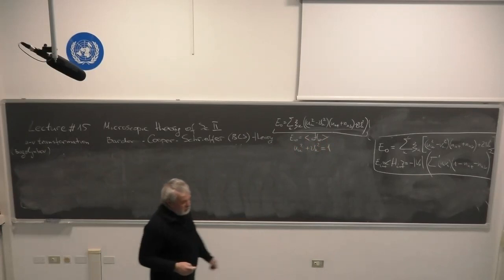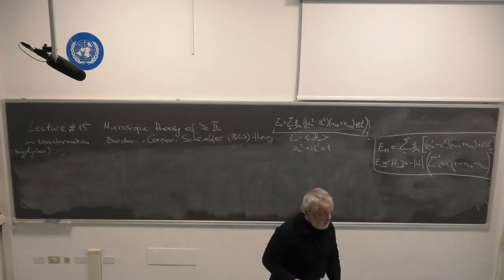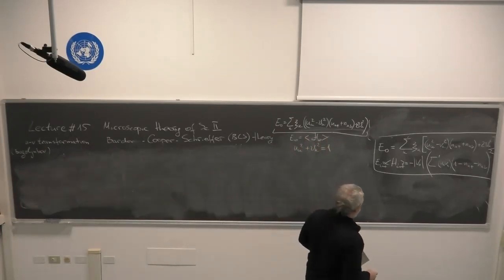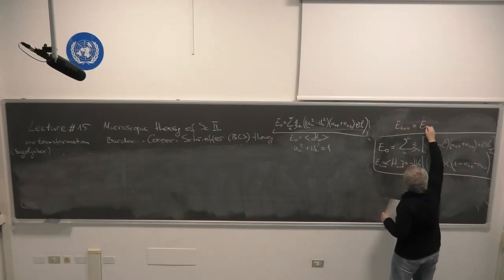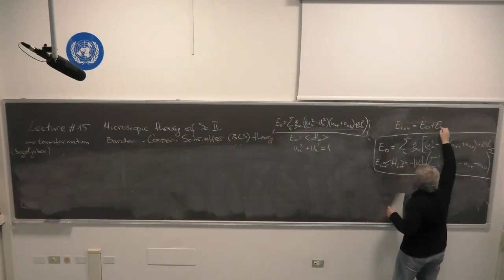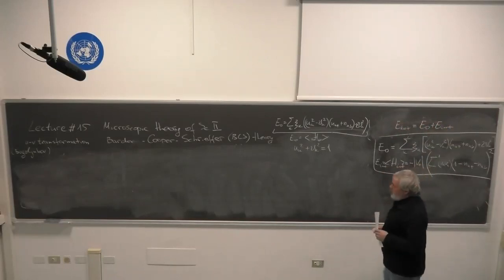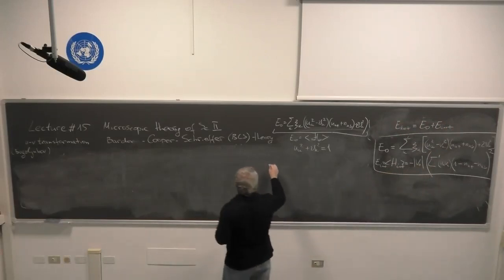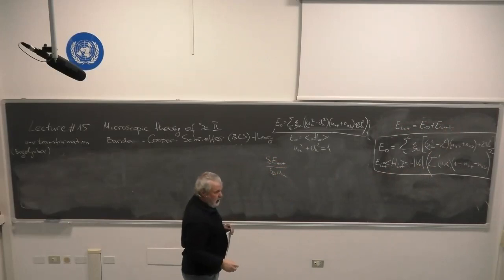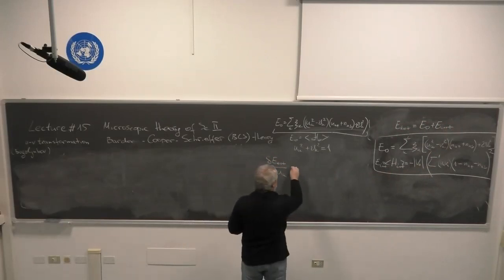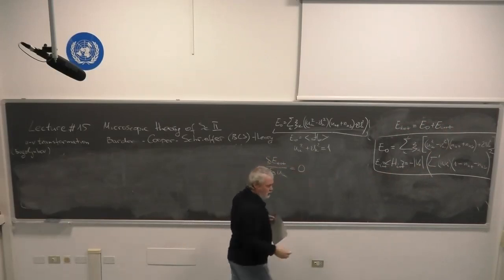Now, what I'm going to do, I'm going to minimize my energy. So the total energy is equal to E node plus E interaction. And I'm going to find delta E total with respect to the real coefficient UK and say that this is equal to 0.